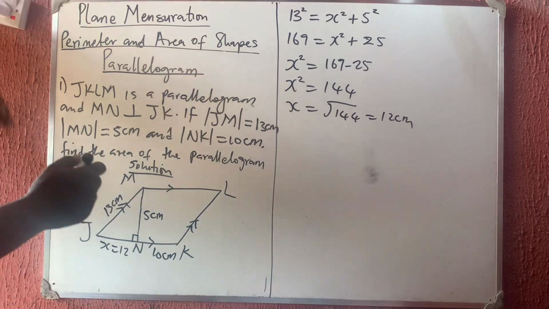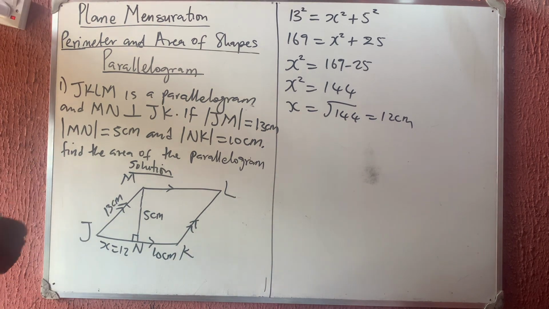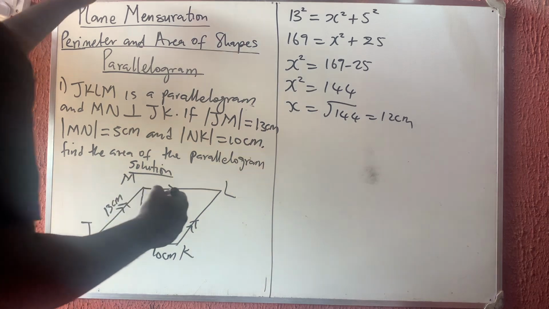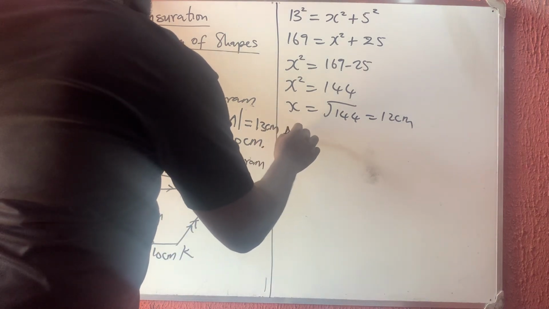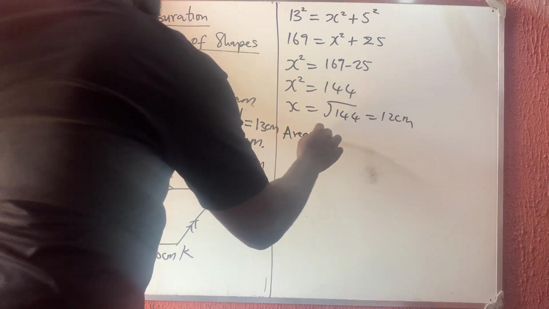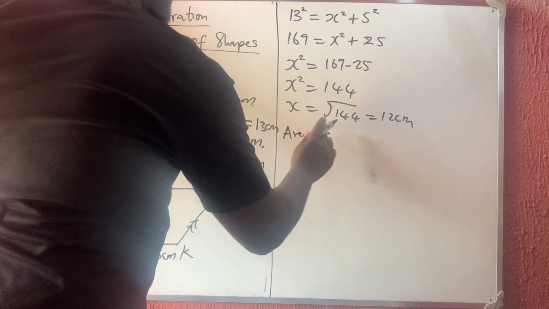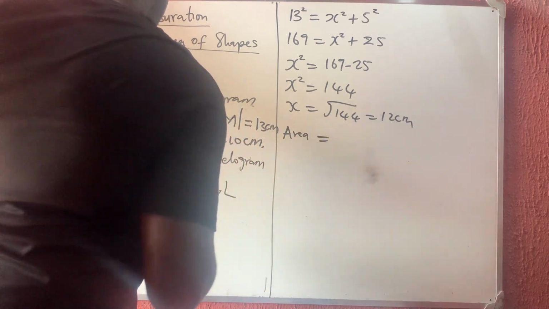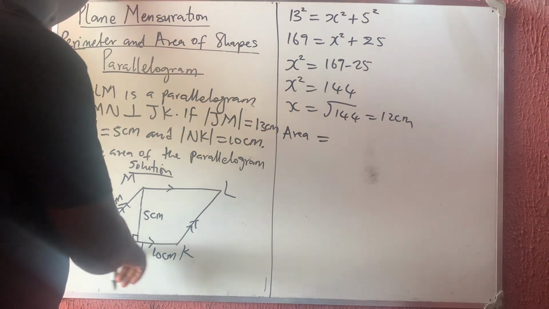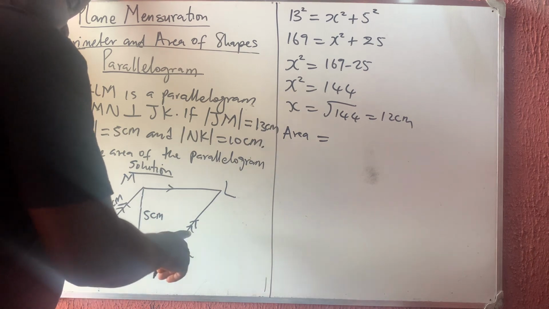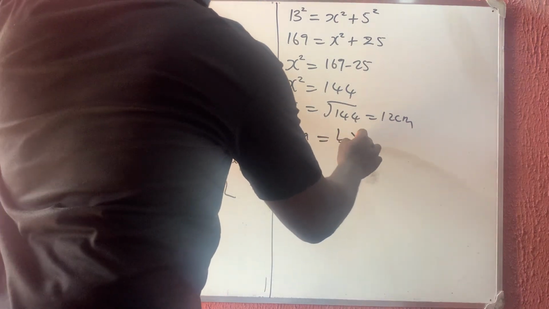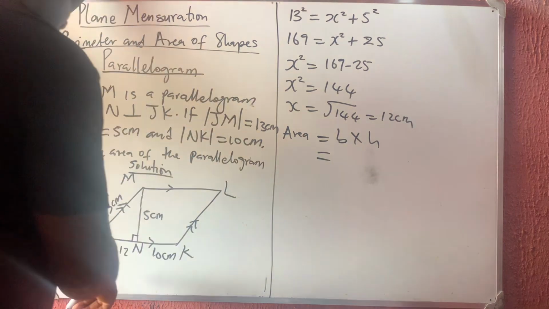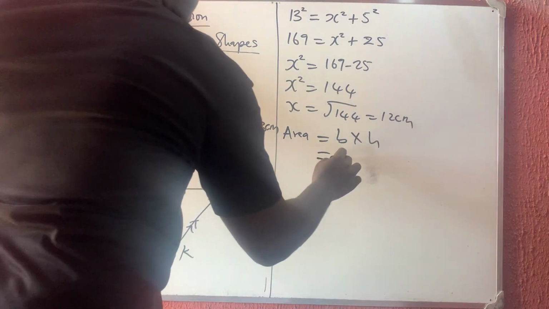Now to find the area of the parallelogram is very simple. Area is base times height. The base is 12 plus 10, which is 22.